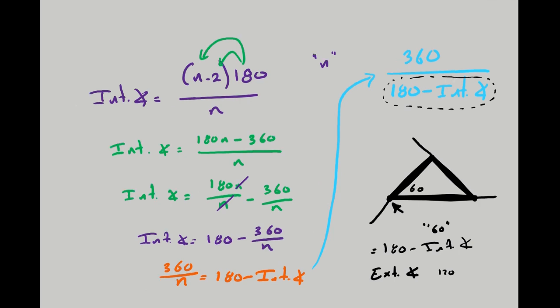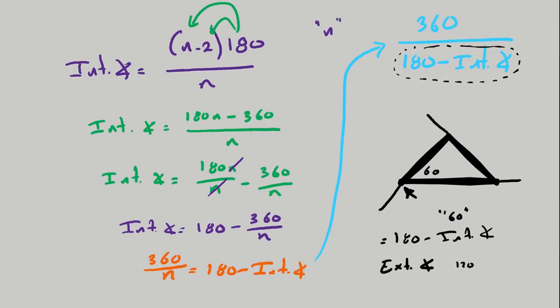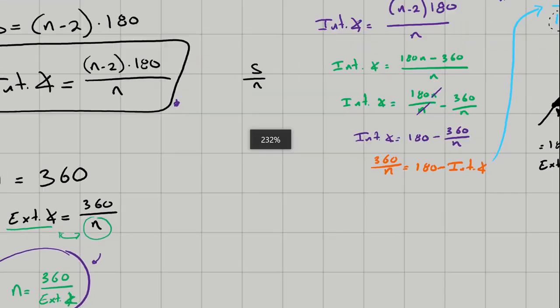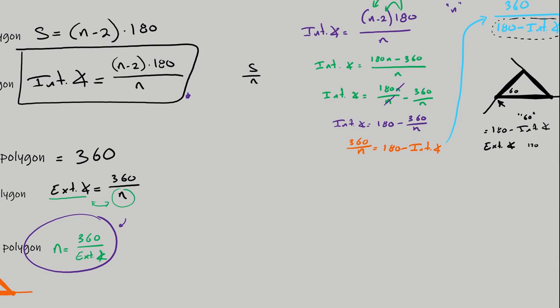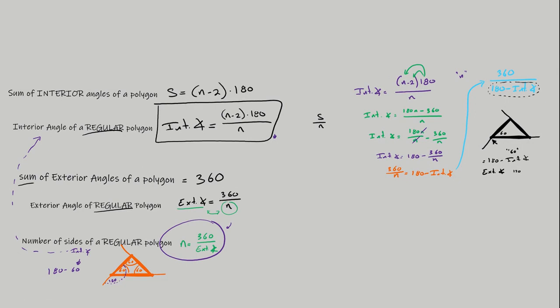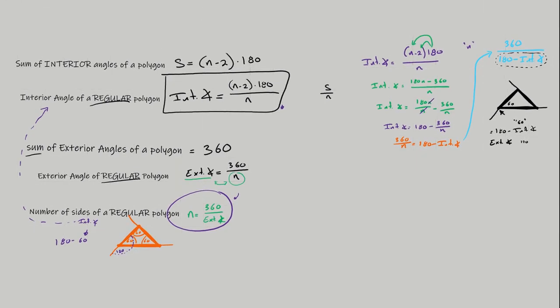So we end up with the same thing as down here: if I wanted to find the number of sides of a regular polygon, I can know either my exterior angle, so I can jump straight here, or my interior angle. As you saw, we essentially get the same thing. If we know the interior angle, we can always find the exterior angle.